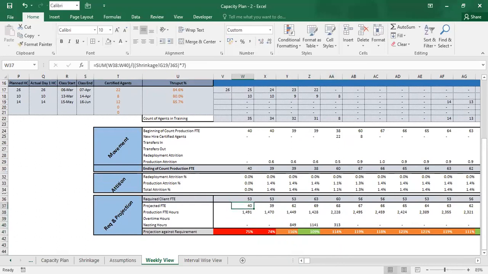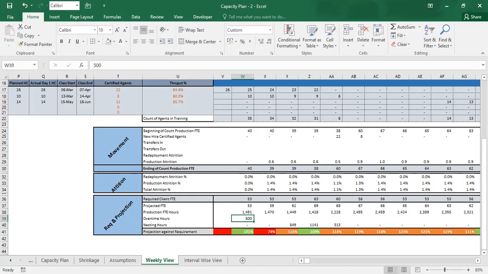Another thing we have here is the projected head count, where I have added the production FTEs, overtime, and nesting. If we are negative, in red, we can plan OT like 300 hours, 400 hours, 500 hours.